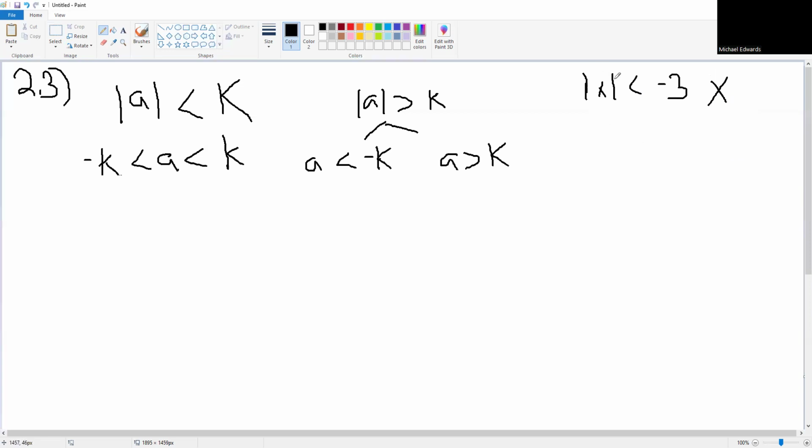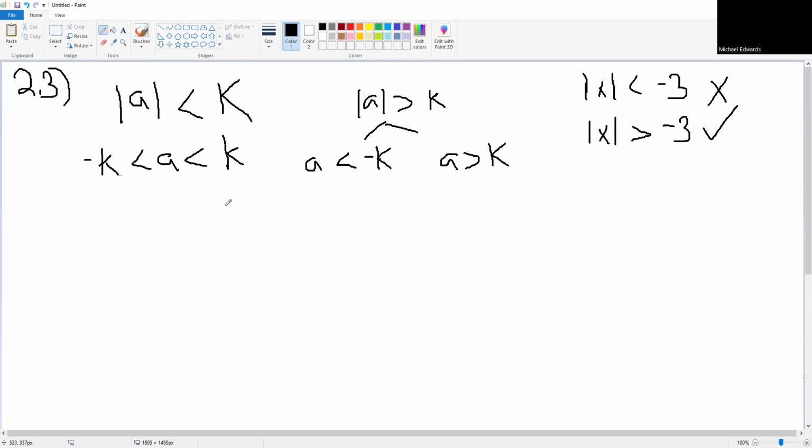If you have an absolute value less than a negative number, there is no solution. But if you have an absolute value greater than a negative number, all real numbers will work. So that's something to remember. That might help us make some shortcuts later.